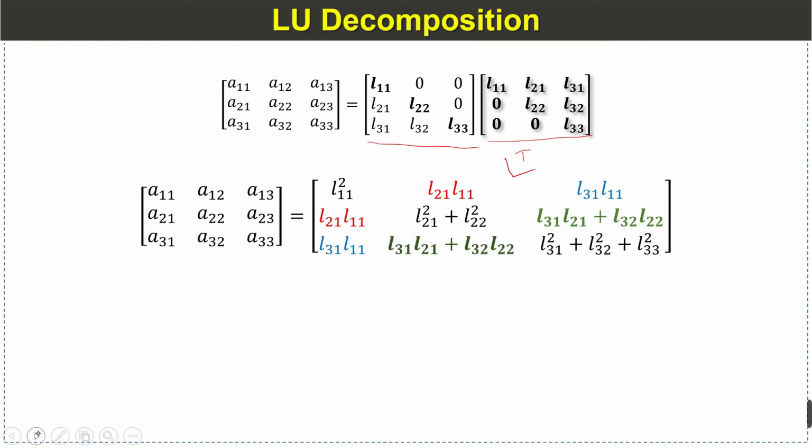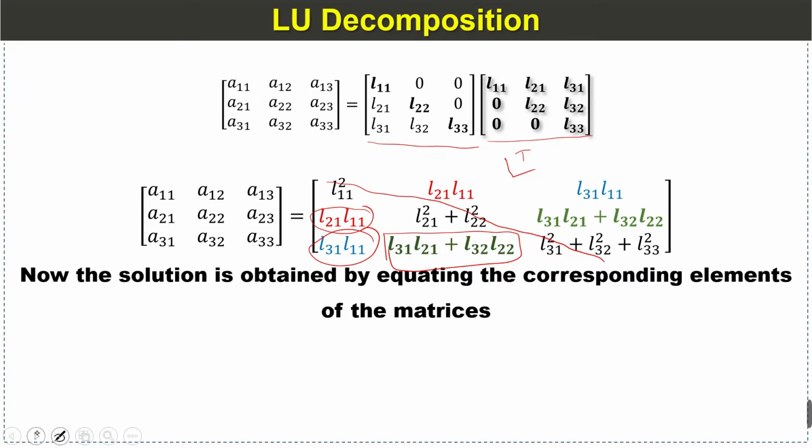As I have already said, the off diagonal elements are the same, so we only calculate the off diagonal elements below the diagonal. The solution is obtained by equating the corresponding elements of the matrices.